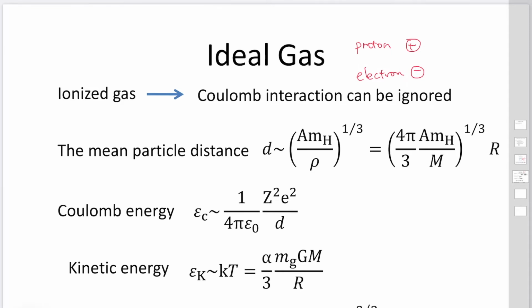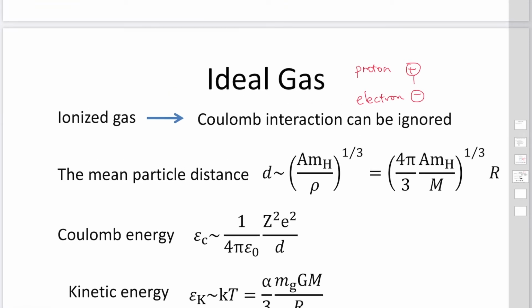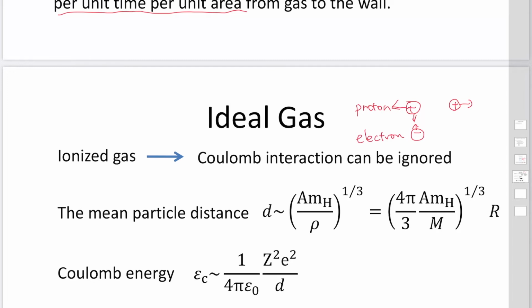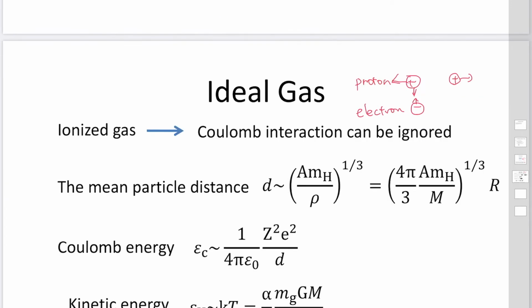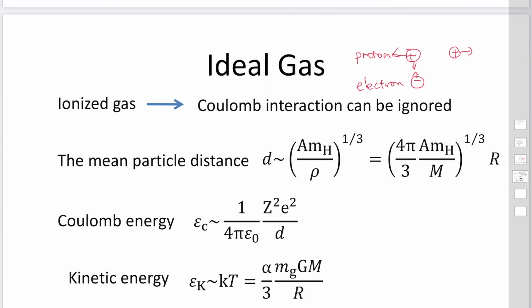The attractive Coulomb force acts between these two particles. But between two positively charged protons, a repulsive force acts. So we have to check whether we need to take the Coulomb force into account when we study the evolution of stars, or whether we can ignore these Coulomb interactions. For that, the mean particle distance can be calculated.